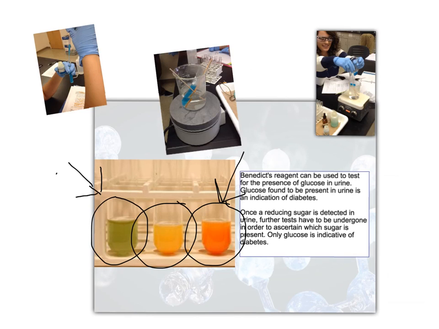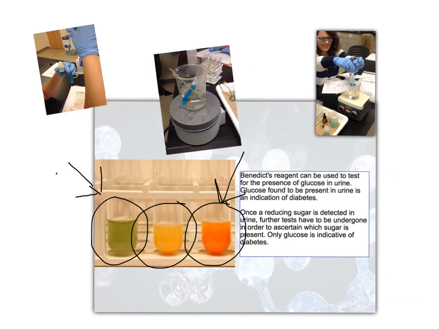Benedict's reagent can be used to test for glucose in urine. In the olden days, they would boil a patient's urine using the Benedict's test to see if they had any presence of glucose. And this would be an indication of diabetes, especially during pregnancy. You can get gestational diabetes, and so this is often checked.